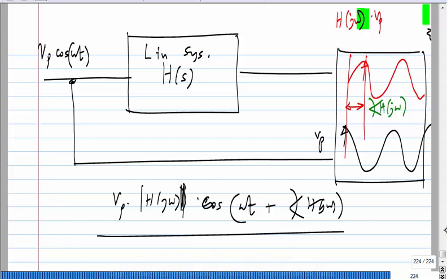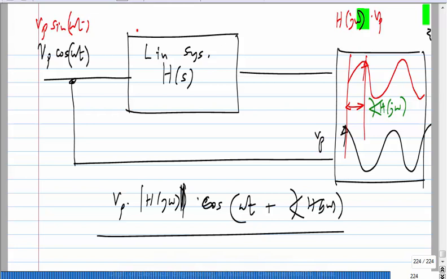Any questions so far? So this is where all the transfer function business comes from. So let's say I applied Vp sin omega t. What would you do? Imaginary part. You could do that, but don't do it.